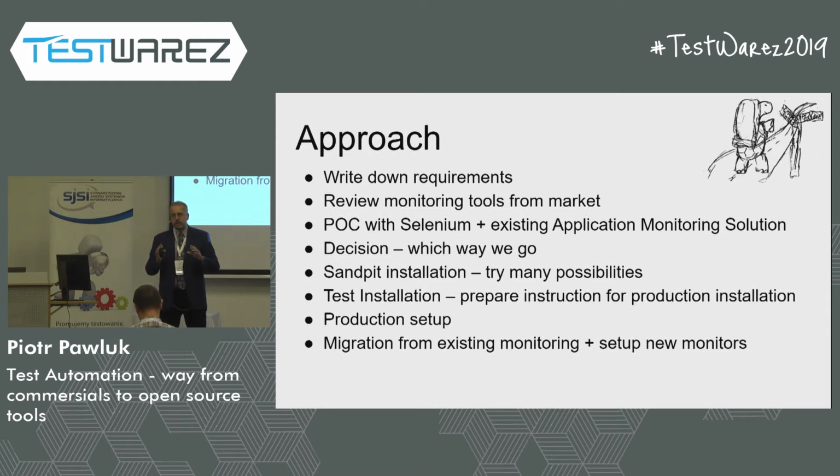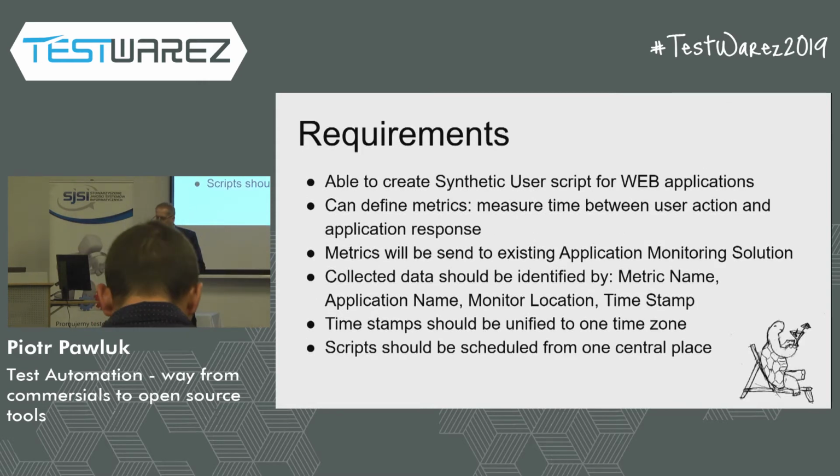Then, having this, we created the test environment, where we planned to create an installation procedure: how to install it in the correct way. Don't install unnecessary things, don't install rubbish, just install it as it should be and test if everything works. Finally, we set it up on our production system. The last step was to migrate all scripts from the current synthetic user monitoring system to the new one. Okay, so this is generally the approach which we followed.